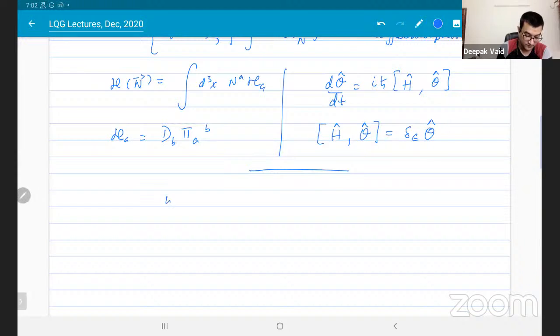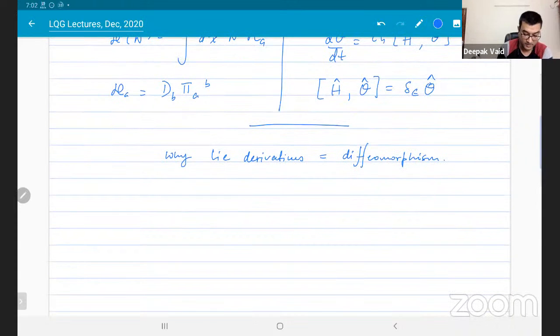As to why Lie derivatives give you diffeomorphisms, I can suggest that you read up in Wald, in the appendix on Lie derivatives.